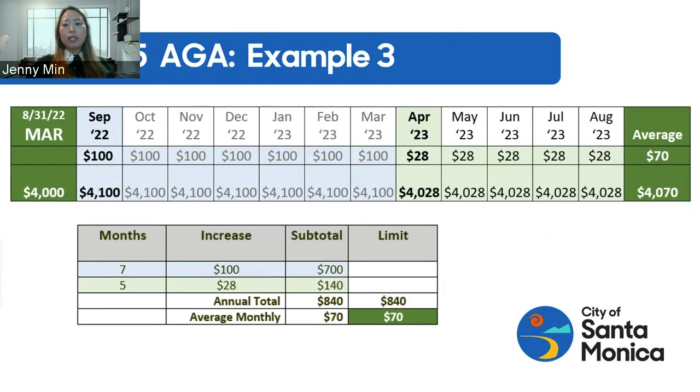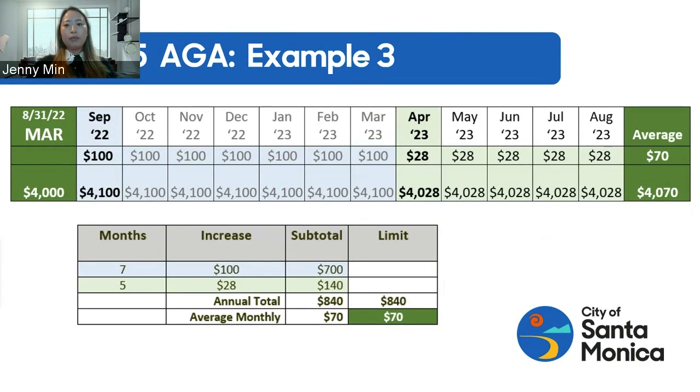When we multiply 7 times 100, we get 700. And when we multiply 5 times 28, we get 140. When we add up the two subtotals, we get $840. And when we divide that by the 12 months that you paid for, we get the average dollar value of $70. So this also fulfills the regulation for Measure RC.